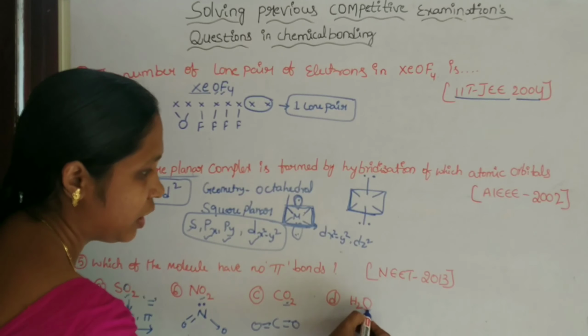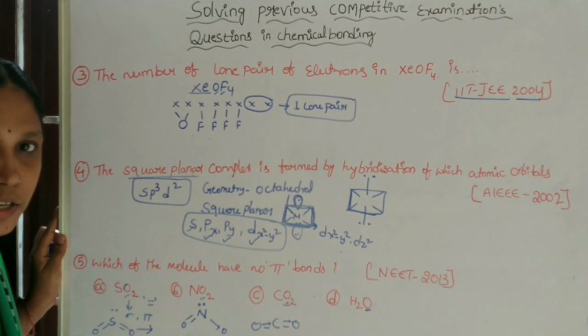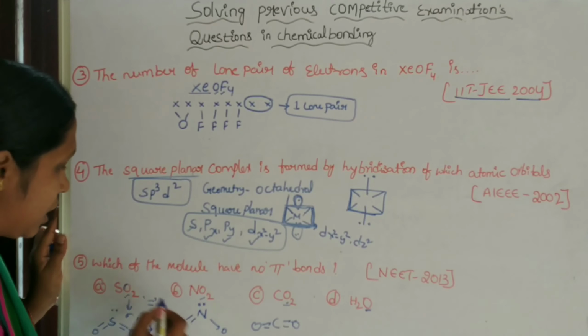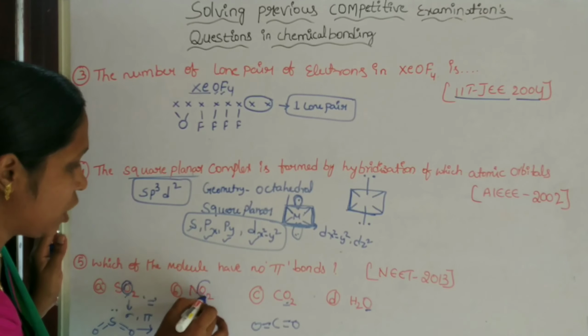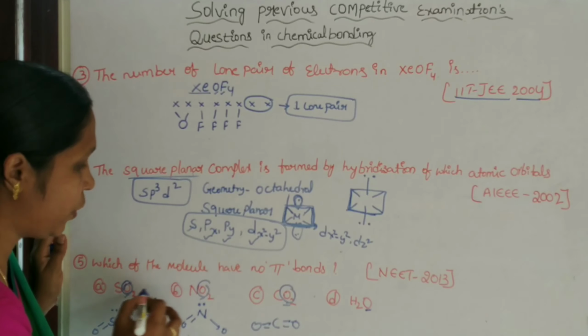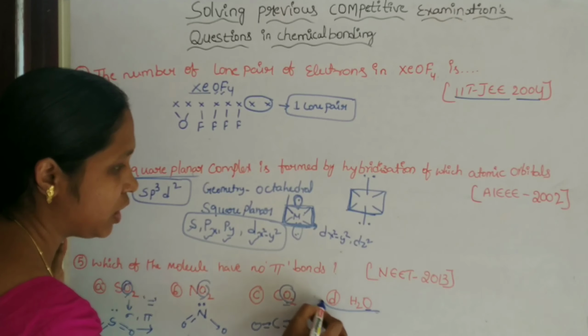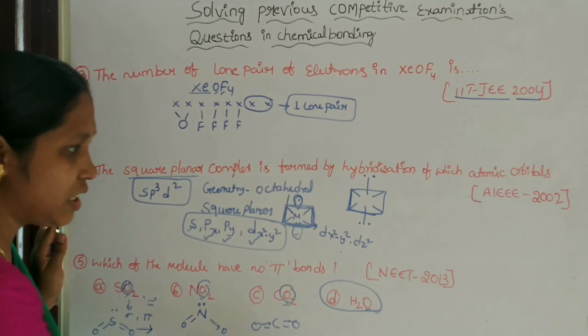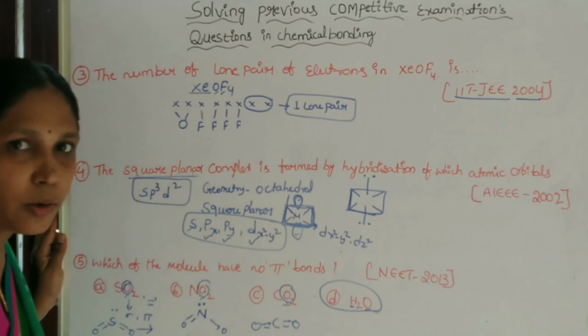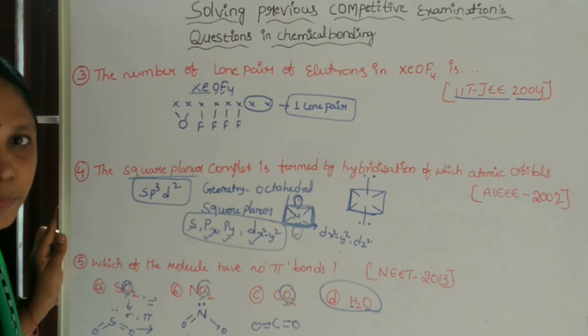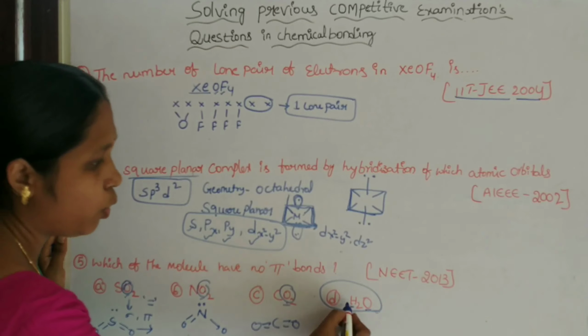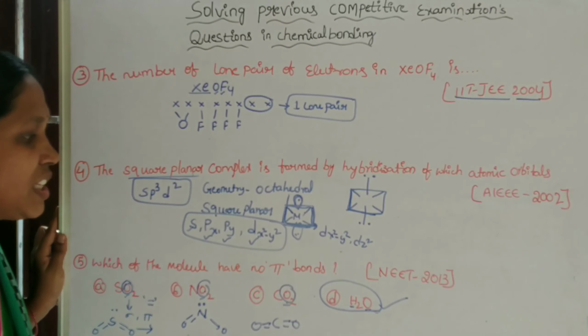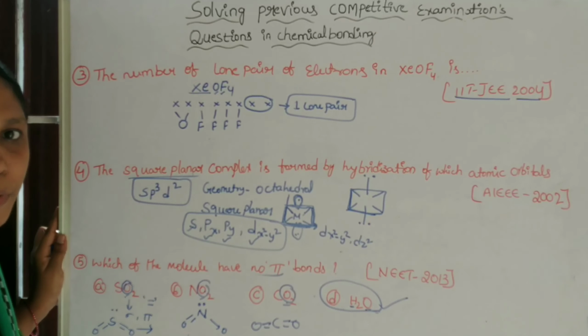And one more thing, here oxygen is the central atom. Oxygen is the central atom. In the 3 cases, oxygen is a surrounding atom, but in water, oxygen is the central atom and it is surrounded by hydrogen. Hydrogen is a univalent atom. That means it always forms a single bond. So only in this case we will see no pi bonds.